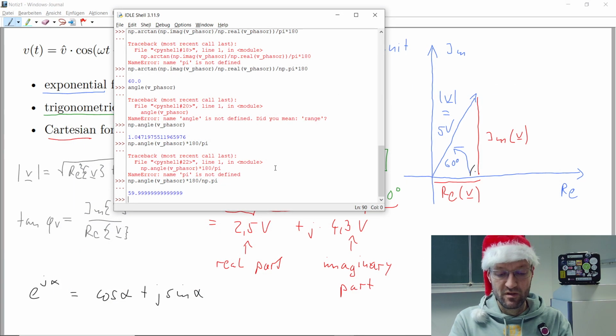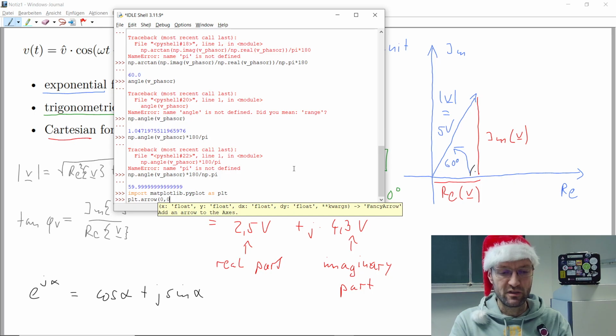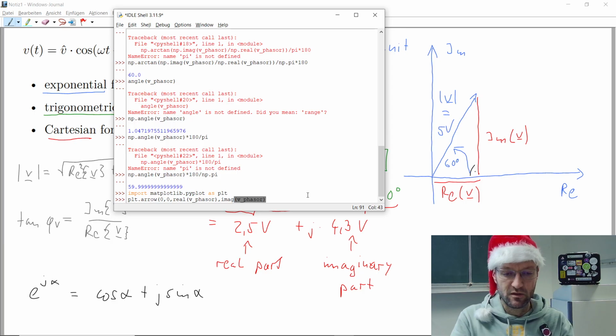So we will import this library, import matplotlib.pyplot, which is very long, as the shorter plt, and then inside this plt there is this function called arrow, and we want the arrow starting in the origin of our coordinate system at 0, 0. The x coordinate should be the real part of our complex voltage phasor, and the y component should be the imaginary part.